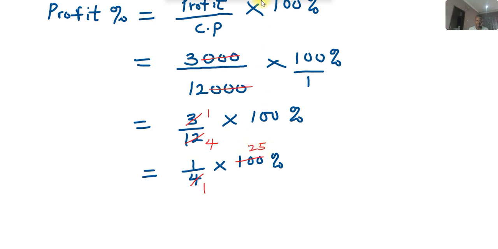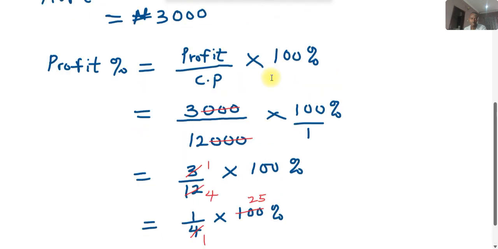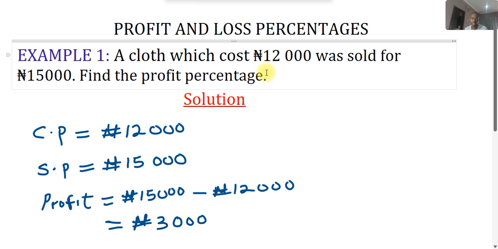So we are actually left with 25%. So this is the answer to the first question. We obtain 25%, which means that the 3,000 naira gain actually represents 25%. So let's move to the next example.